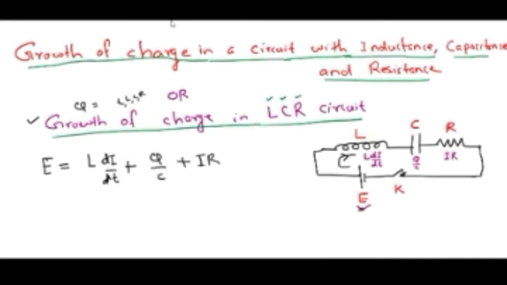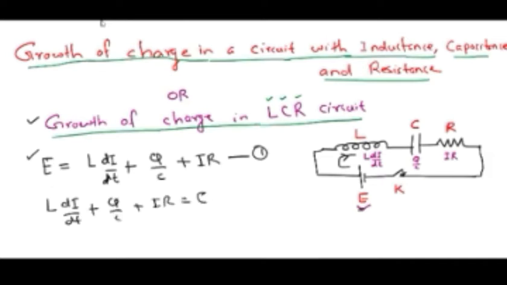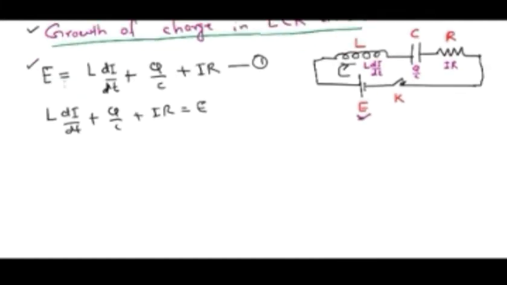For this, first we write the equation of the voltage, which is equation 1: L di by dt plus Q by C plus IR is equal to E. Bringing E to the left side, L di by dt plus Q by C plus IR minus E is equal to 0.